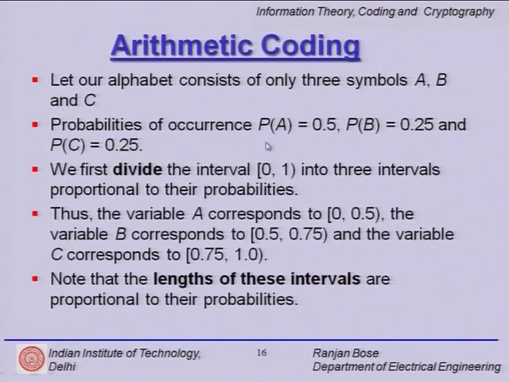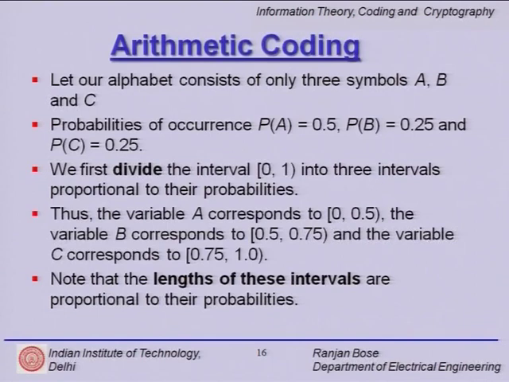Now suppose we have the probabilities associated with it. Only when the probabilities are different do we have scope for compression. So in this example, let us say PA is 0.5, PB is 0.25 and PC is 0.25. So how do we begin? We have our real line from 0 to 1, and we divide it into 3 intervals proportional to their probabilities.